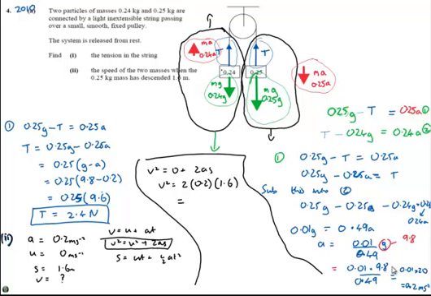So it's 0.4 times 1.6: 24, 2, 4, 64, so it'll be 0.64. Is that correct? 0.4 times 1.6 is 0.64. Yeah, that looks right. So v is equal to the square root of 0.64.